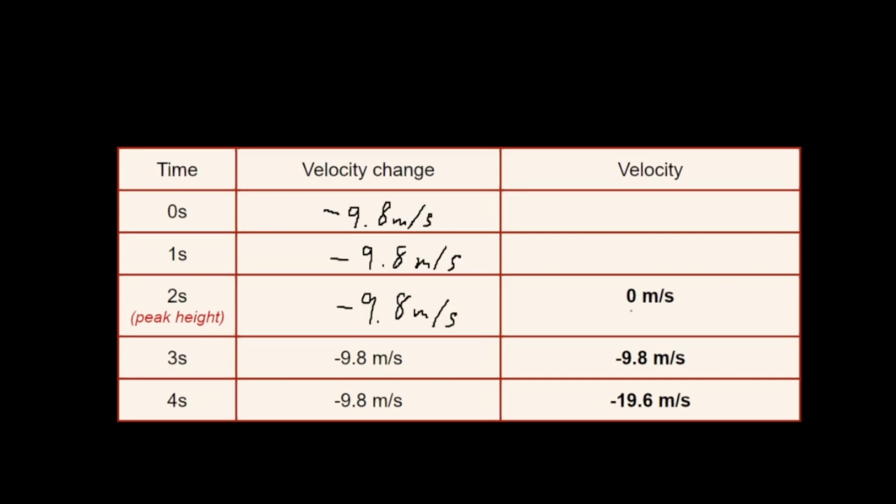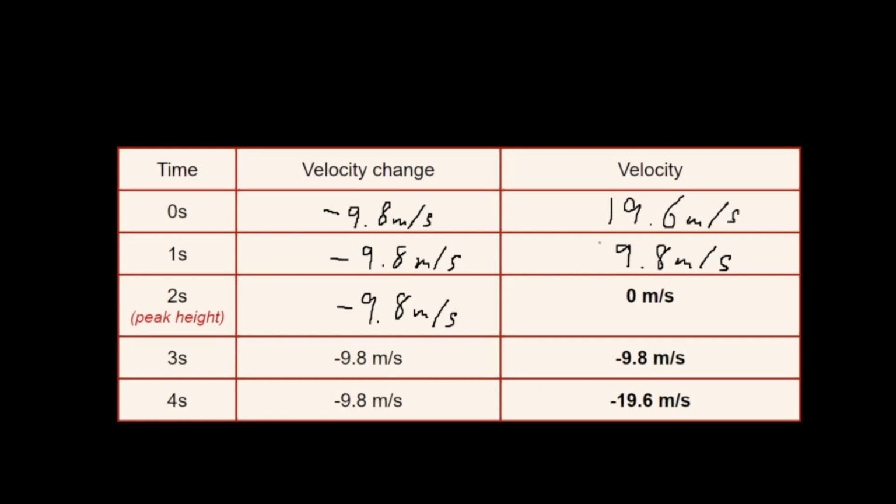If you do the math, 0 minus 9.8 is equal to negative 9.8, and negative 9.8 minus 9.8 is equal to negative 19.6. So we can just do the opposite. Since we're going in reverse, we just add 9.8. So this will become 9.8 meters per second, and then add another 9.8, that's 19.6 meters per second.